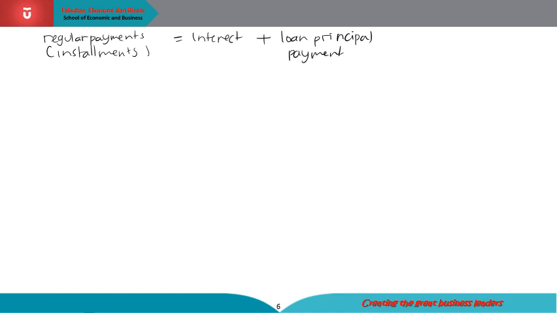The regular payment or installment here is actually the payment that we have calculated before, and the interest here is I times the principal remaining loans, and the loan principal payment is the payment minus the interest, of course.